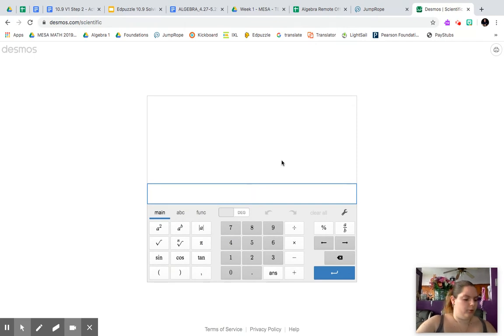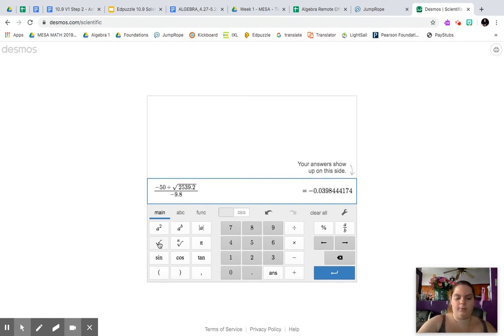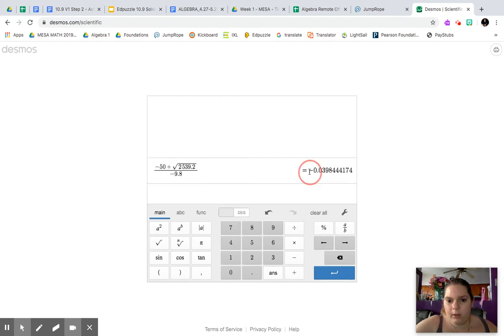Okay, so we had, first off, a fraction, negative 50, which was our b value. Let's do plus first. Square root of 2539.2 divided by negative 9.8. Wow, that's a really long number. Okay, so I'm only going to take these first 3 numbers.